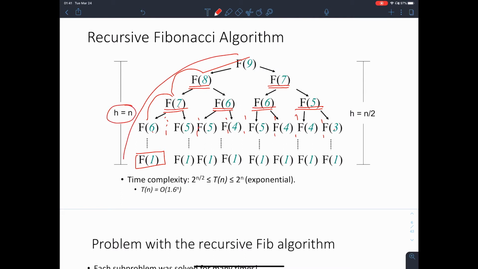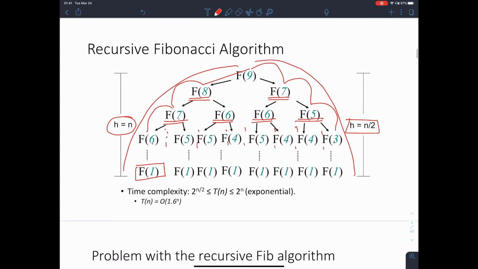If we take a look at the right side, n starts at 9, then goes to 7, then to 5, then to 3, and so on. So on this side, the height of the tree will be n/2. If we try to draw the approximate tree, it will look kind of like this.